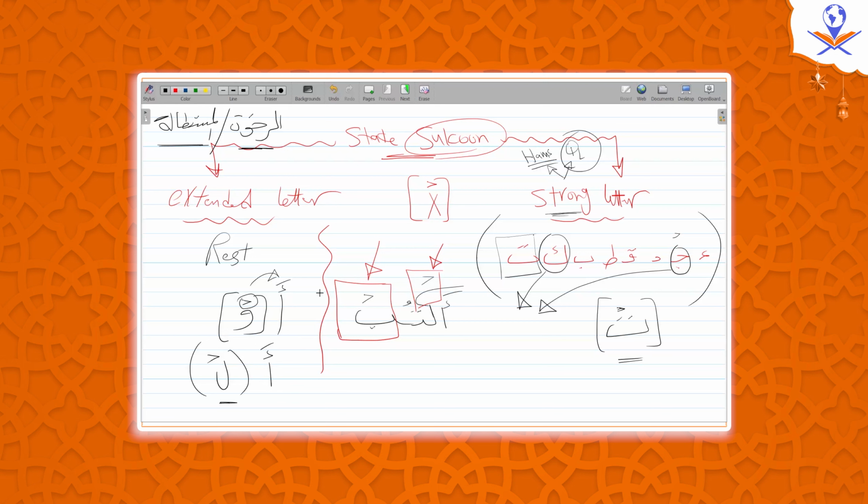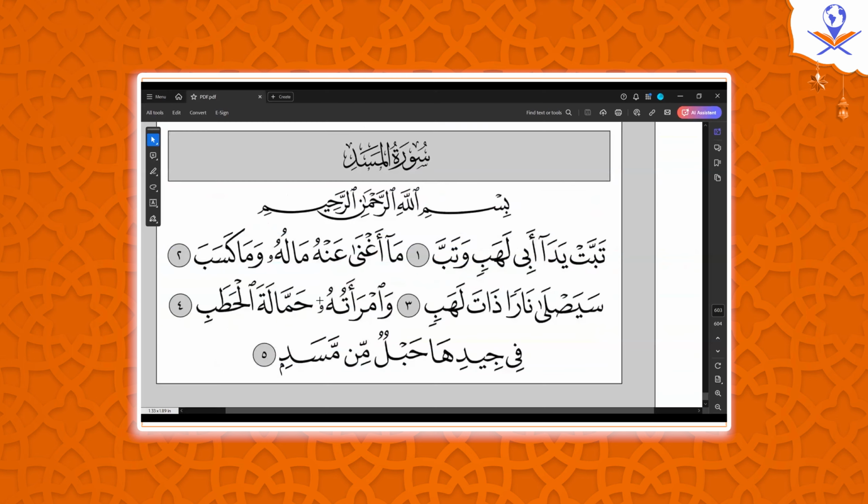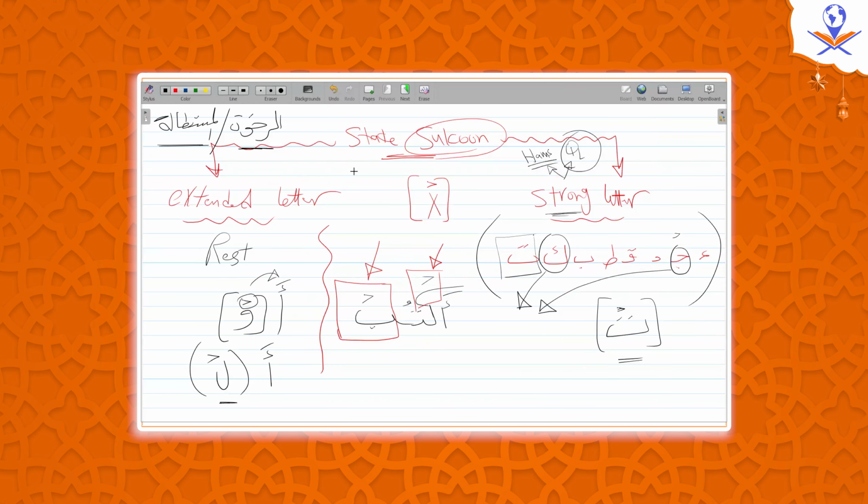So let's get back to the Quran. Can I ask one question? Is there anything wrong in choosing the qalqala method instead of the hams method for the strong letters, like kaf or ta? No, you're not allowed to do this, because from the attributes of kaf, we cannot apply qalqala; we apply hams.